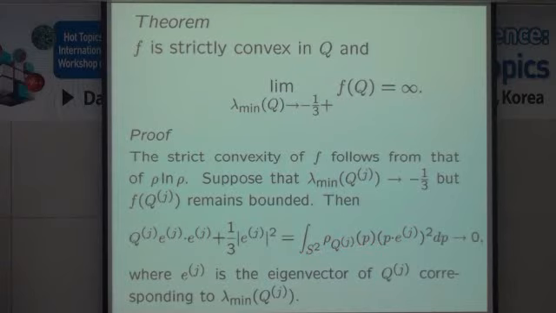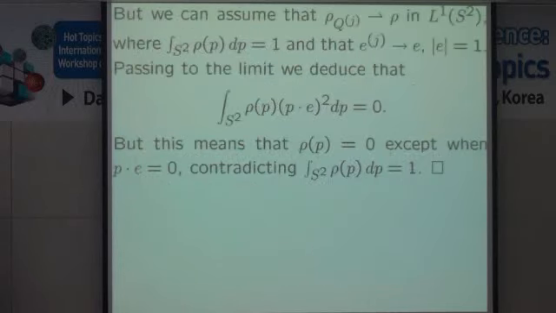Now, the fact that f of Q_j is bounded means you've got the integral of rho_{Q_j} log rho_{Q_j} bounded, and so that means that, because rho log rho has superlinear growth, you can extract a weakly convergent subsequence in L1 of the sphere.